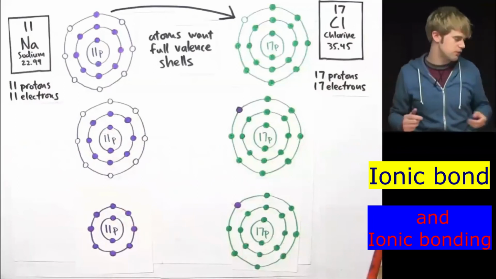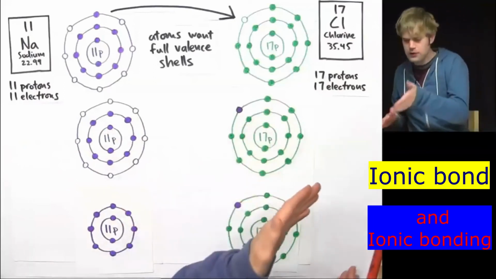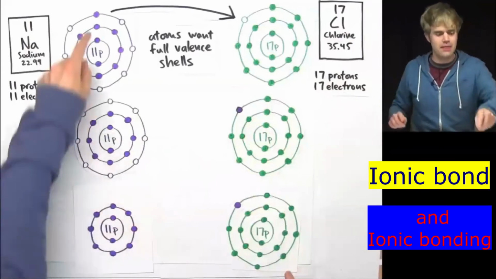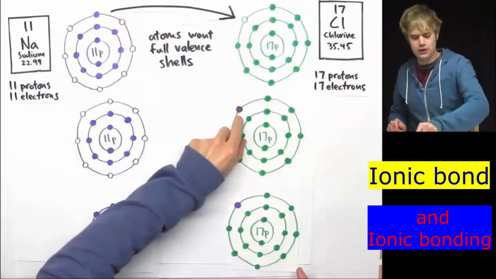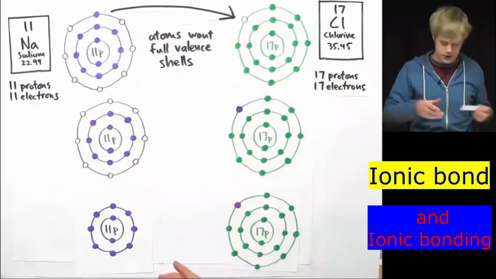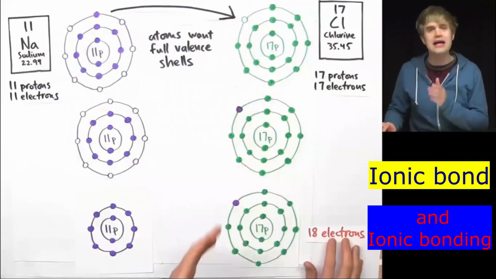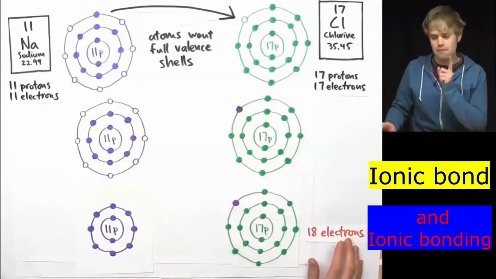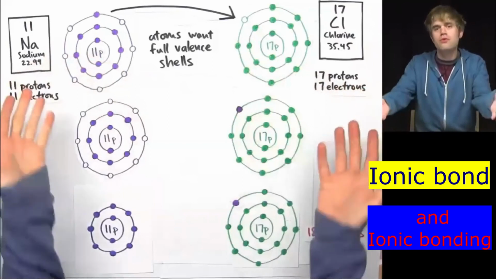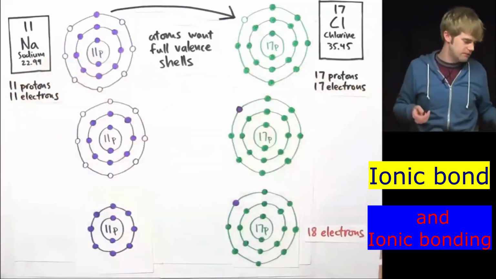Because there are electrons. Now, over here with chlorine, it used to have 17 electrons, and then it got a new electron from sodium. So it doesn't have 17 electrons anymore. Now it has an extra one, so it has 18 electrons. But it has the same number of protons because we weren't moving protons in this example, okay?